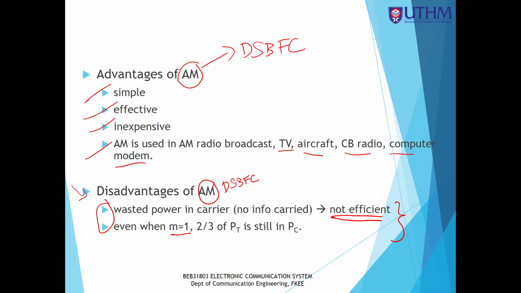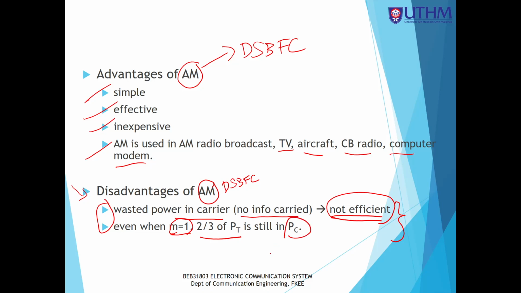Okay, we have seen in the power equation that most of the power belongs to the carrier, but the carrier does not carry any information, so it is not efficient for some applications. In some applications this method is not efficient because the carrier does not contain any information and it has a lot of power, it consumes a lot of power. Okay, even during the ideal case, 2/3 of the total power belongs to the carrier.